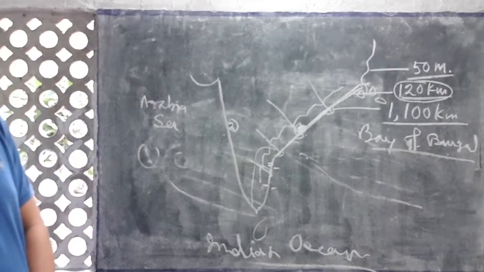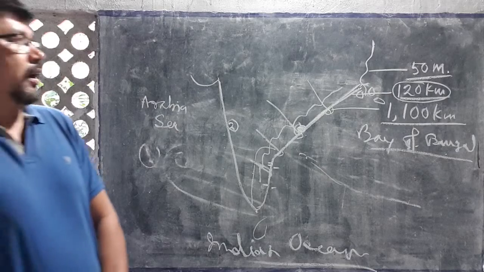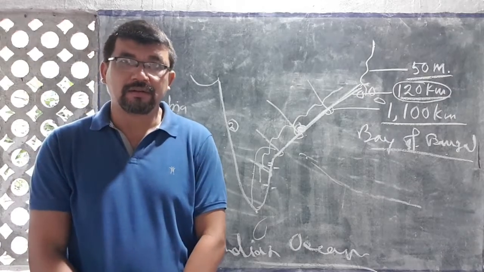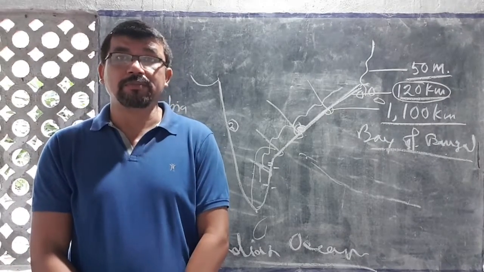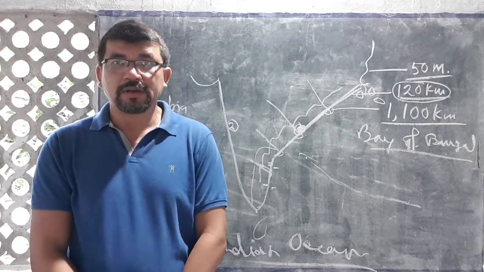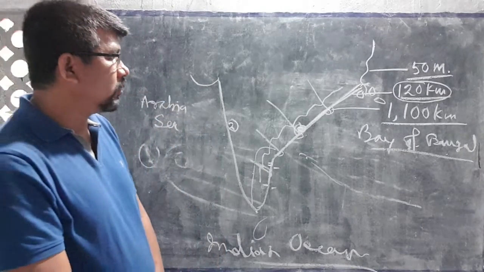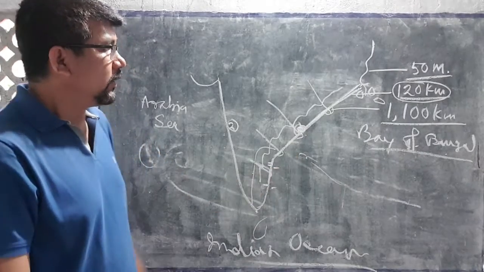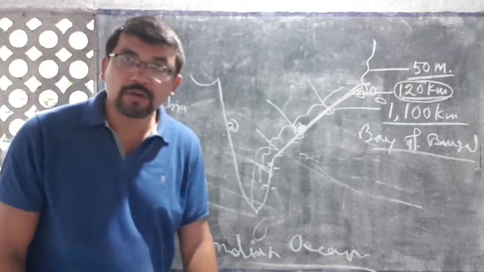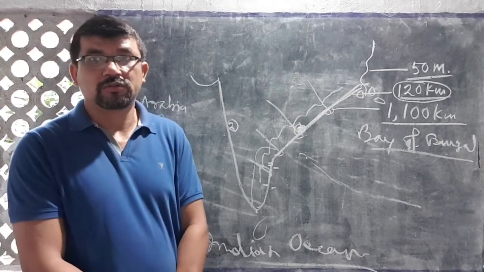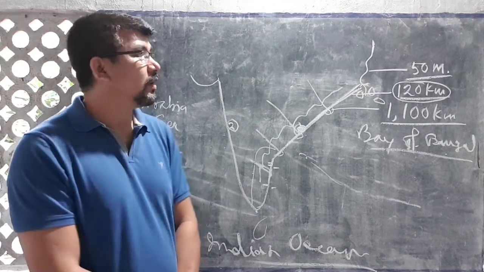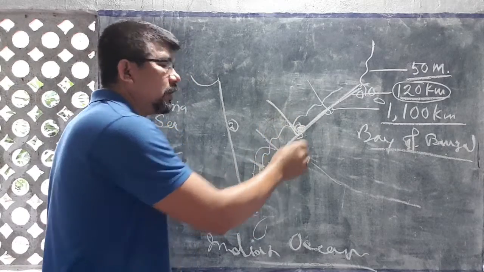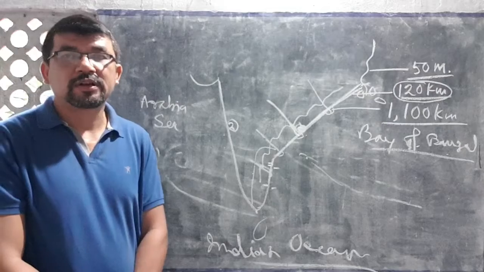Okay? Now you see, the eastern coastal region is again divided into subdivisions. That means there are two subdivisions we have found in the eastern coastal region. What are those? They are Coromandel coast and North Sarkar coast. From Ganga Delta to Godavari River. Godavari River is found in the southwestern part of Orissa.